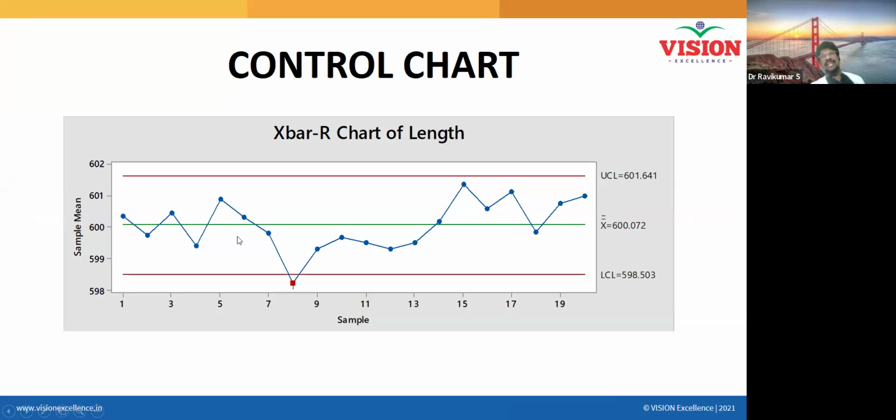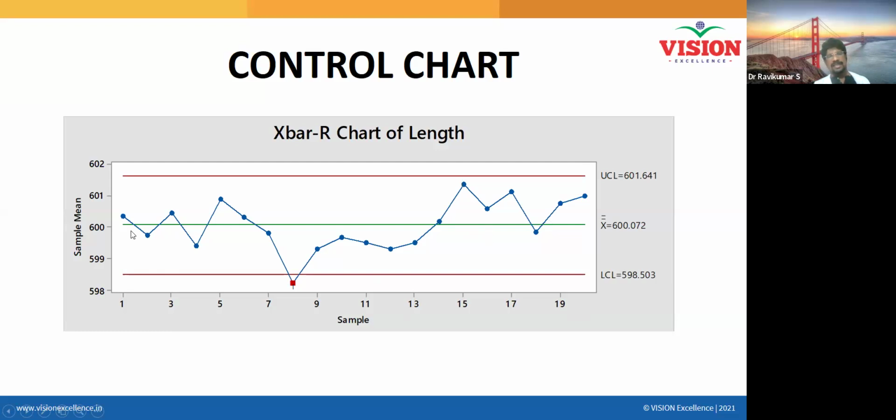Here you can see it is a graph, guys. Don't think control charts are something different. It is just a graph which you might have done in lower school or in college, in 10th, 11th, 12th, and degrees. You can see the x-axis is there, the y-axis is there. On the x-axis, you will have the number of samples. On the y-axis, you will have the average of the samples.